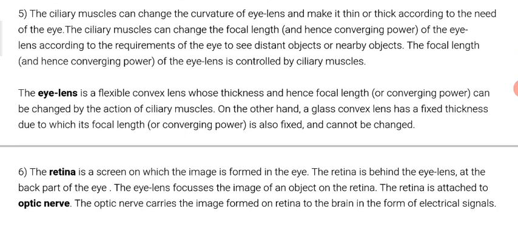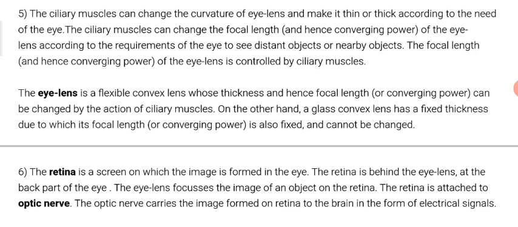Some more things are written about the eye lens and the ciliary muscles. The eye lens is a flexible convex lens whose thickness, and hence focal length or converging power, can be changed by the action of the ciliary muscles. On the other hand, a glass convex lens has a fixed thickness, due to which its focal length and converging power are also fixed and cannot be changed.